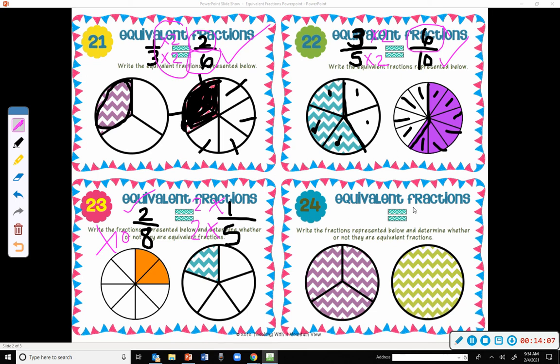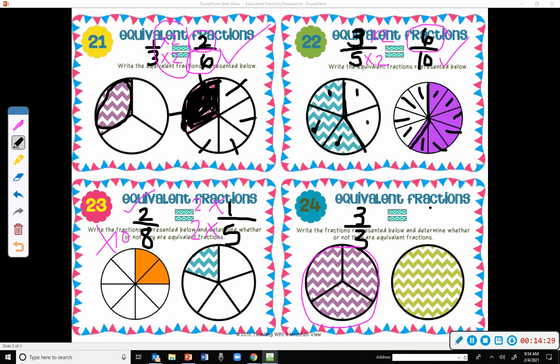Okay, so let's look at the last one. Are they equivalent by looking at the shaded pieces? Yes. They both equal what? A whole. So over here, Allie, what would my fraction be for the purple? There's 3, the next one 3, thirds. 1 out of 1.